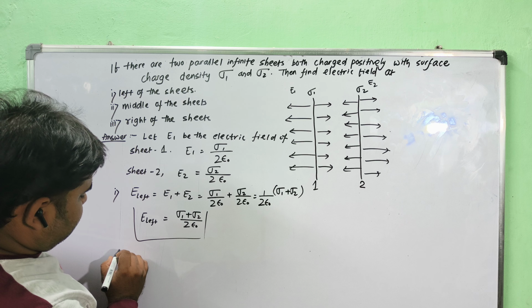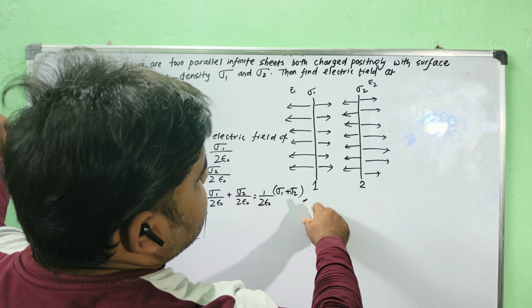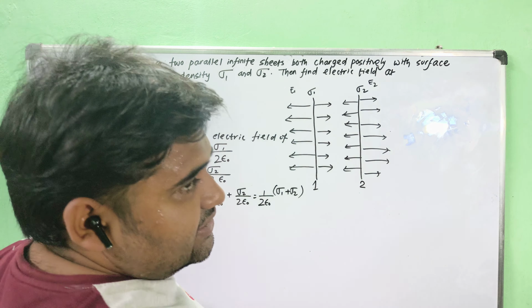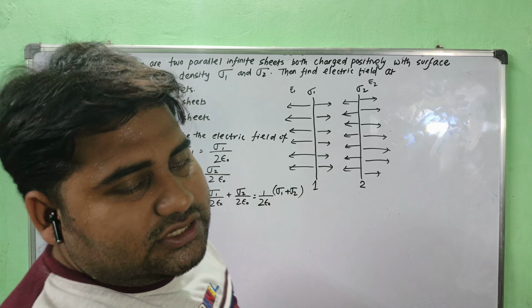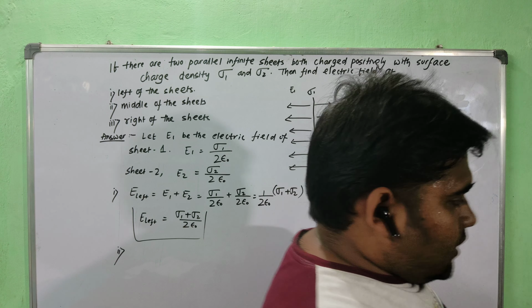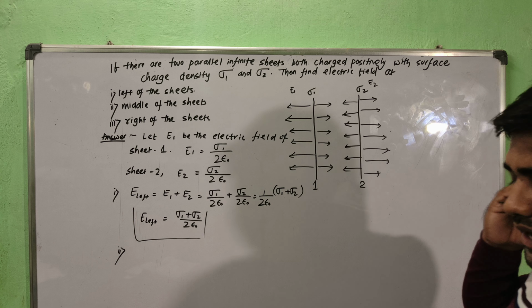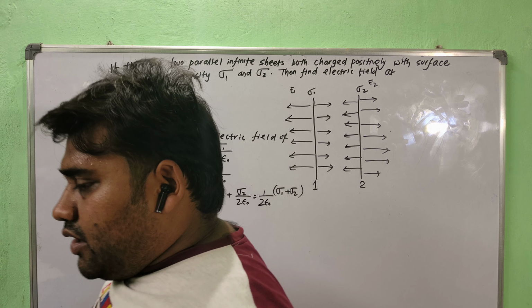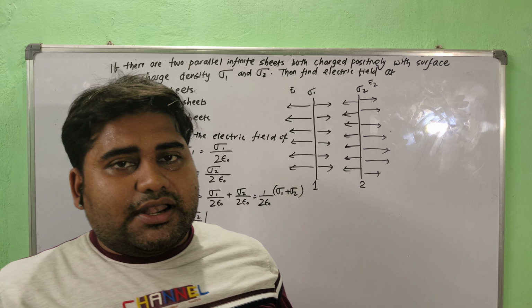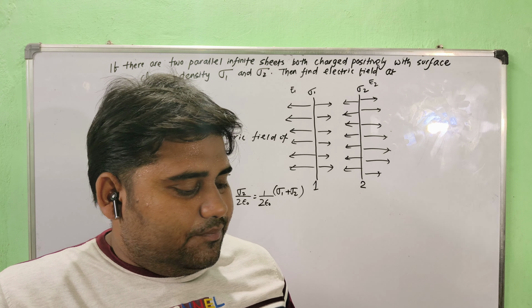Now for the middle of the sheets, E1 is to this side and E2 is to this side. They are opposite to each other. Two vectors that are opposite to each other can be subtracted algebraically.